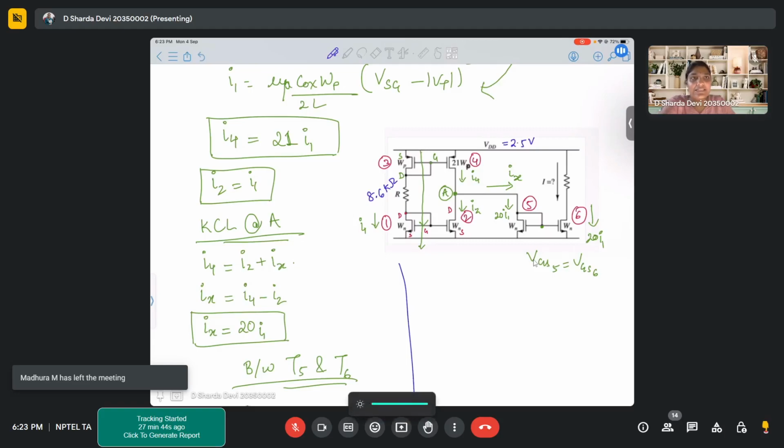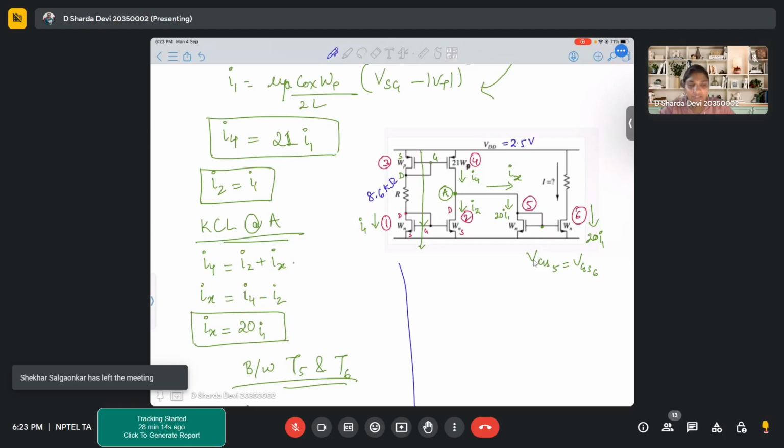So let's say it is Ix. Now that Ix current, how do we calculate it? So we can simply apply KCL. The moment we apply KCL, we found out that the value of Ix is 20 times of I1. Now, since transistor 5 and 6 are matched, the same current will flow through transistor 6 as well, and the same current will flow through the resistor above.